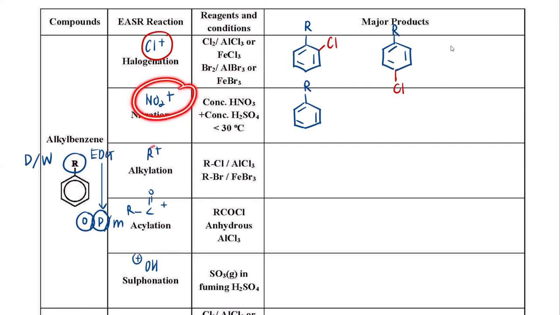We are not going to look at every change of electrophile. Always refer to the first substituent on your benzene ring. The first substituent is R, so no matter what kind of electrophile comes to attack, it will go to either ortho or para. Always focus on your first substituent.